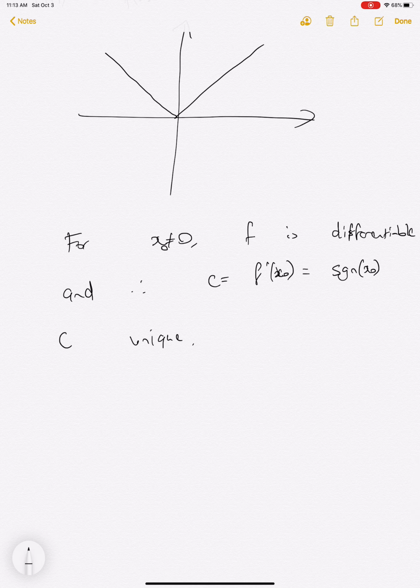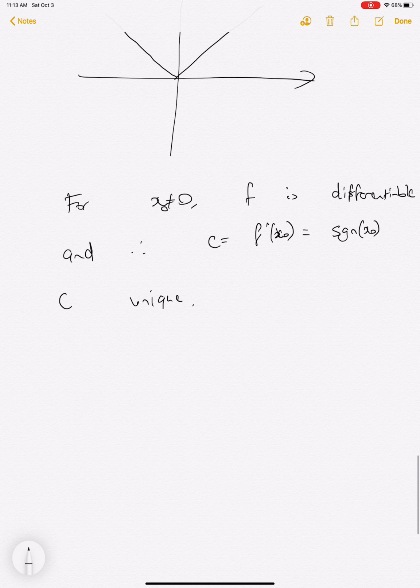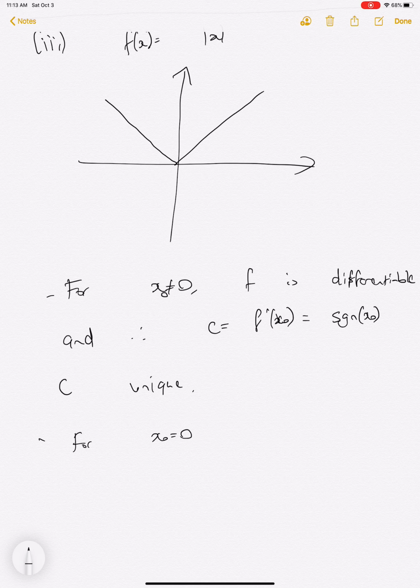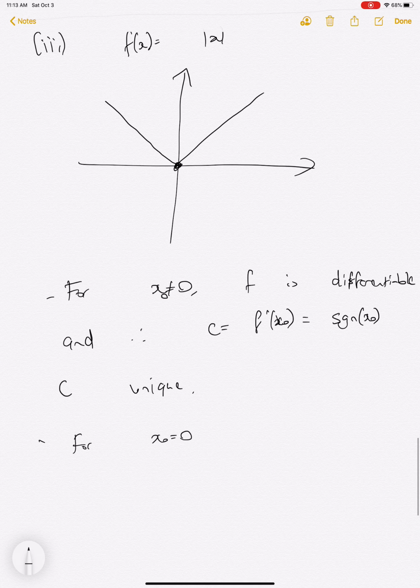Now, the interesting thing, and what we saw in the previous lecture, was that for x0 equals 0, f is clearly not differentiable. But can we draw a line that goes through the point 0, 0, which is here, but actually lies below f? And you clearly can, provided the gradient's not too big.